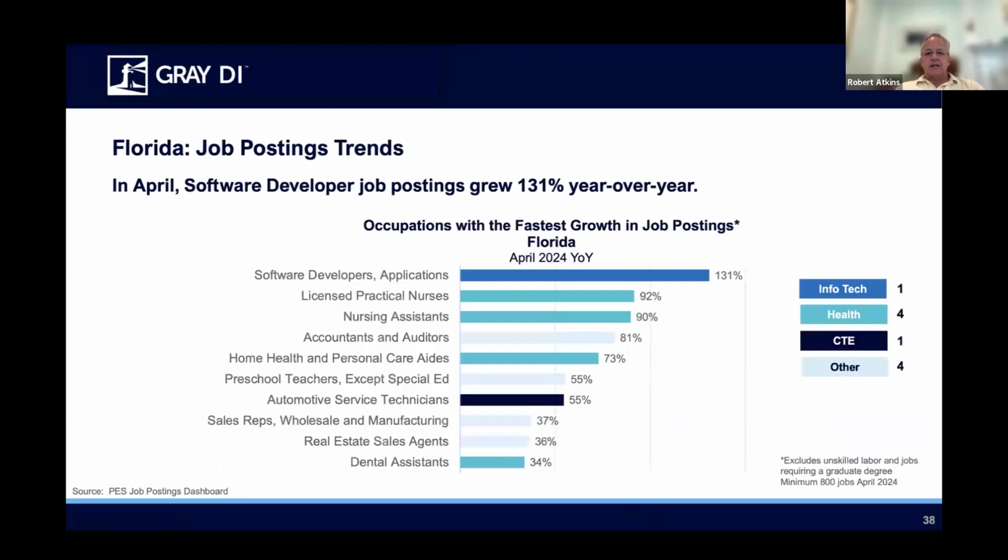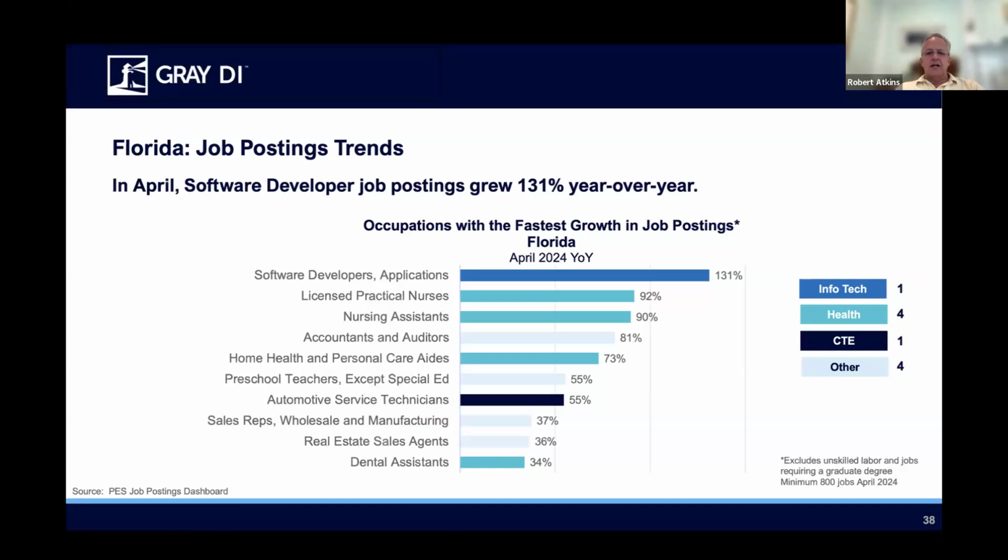Job posting trends, again, are quite different in Florida than elsewhere. Software developers are up 131%, but that was the only IT-related thing that grew in Florida. And as you remember earlier on, there were a number of other things that were growing nationally, whether it was computer science or infotech. Those programs were all growing at the national level, but not here.